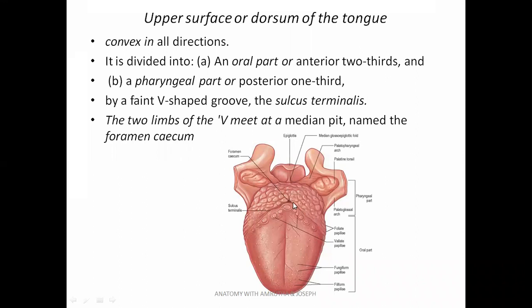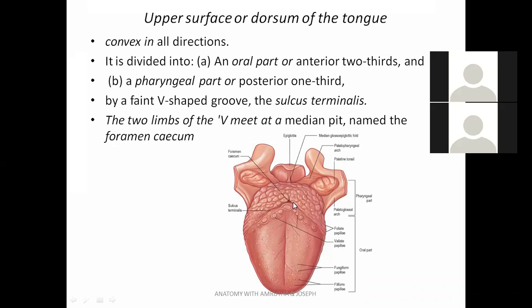Now the two limbs of the sulcus meet at the median plane of the tongue, where there is a small pit posterior to the meeting point of the two limbs of the sulcus terminalis, and that is called the foramen cecum.